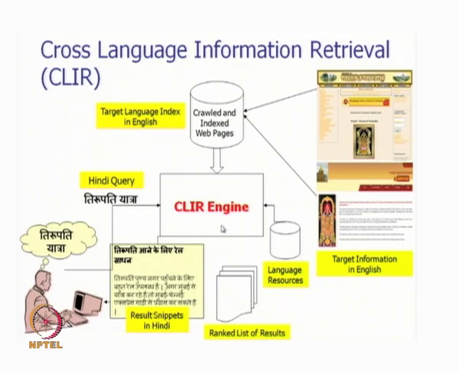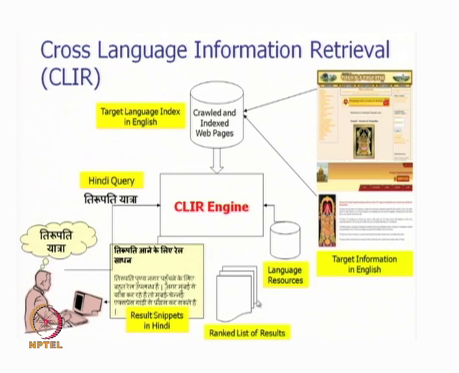So, this query is given to the CLIA engine, the search engine, which is then processed and converted into English by using language resources, and this query is now taken to the crawled and indexed web pages. The index table matches the keywords in the query with words present in the index table, and then the documents on Tirupati are fetched, and they are in English though.